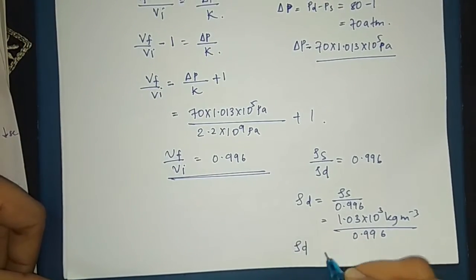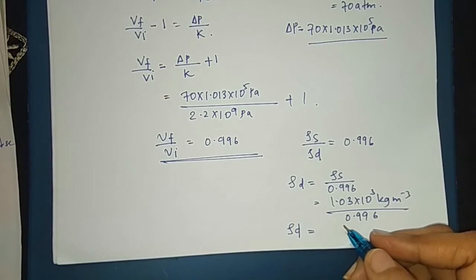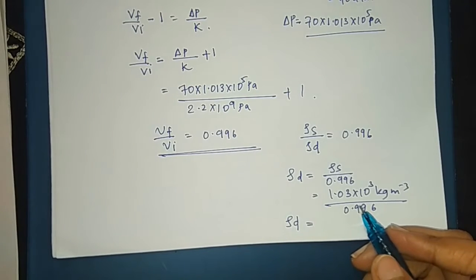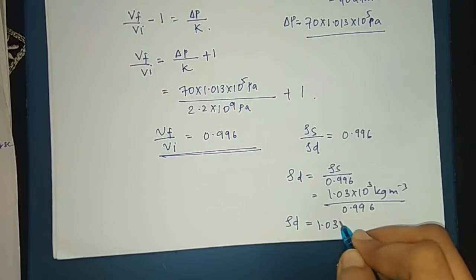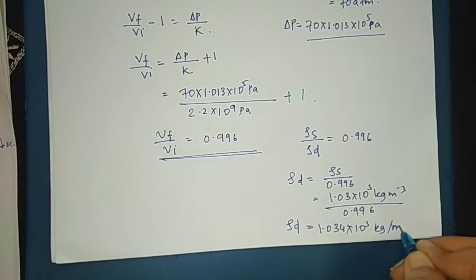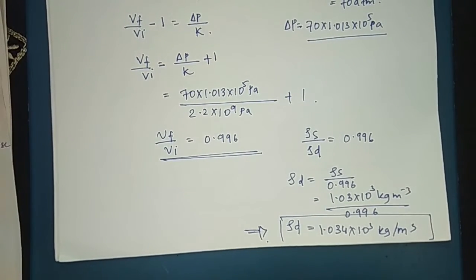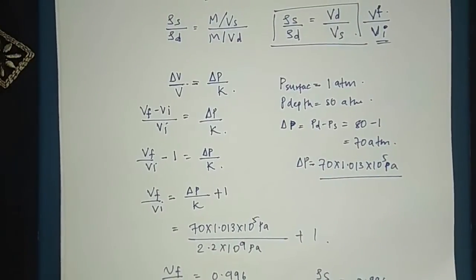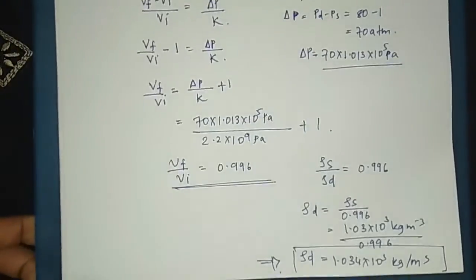By this simple calculation, the density at the depth is 1.034 times 10 raised to 3 kg per meter cube. Okay, so that's an easy sum. We are just using the concept of bulk modulus and density, and we can calculate the density at the depth.